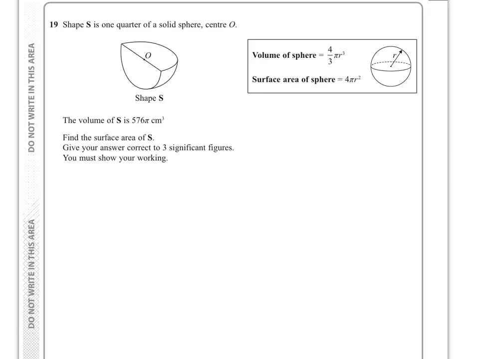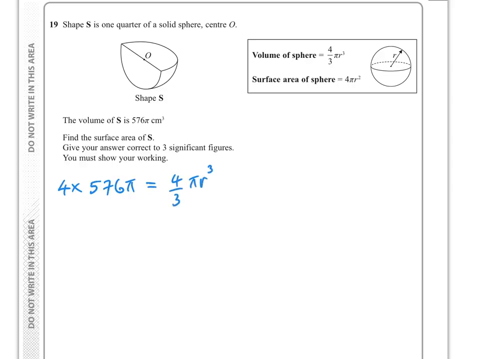Question 19. It says the shape S is 1/4 of a solid sphere, that's important, and the volume of S is 576 pi. So surely 4 of those would be the entire volume, which is 4/3 pi r cubed.